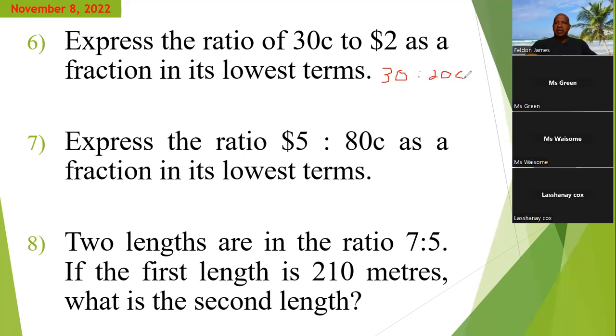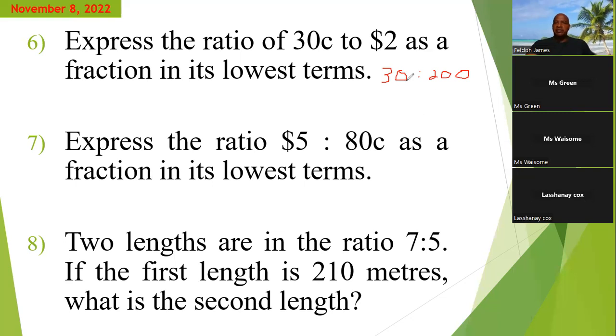And so if we're simplifying it as a ratio, just in a similar way how we cancel fractions, you find a number that can go into the left number of the ratio and the right number. So a number that can go into 30 and 200.